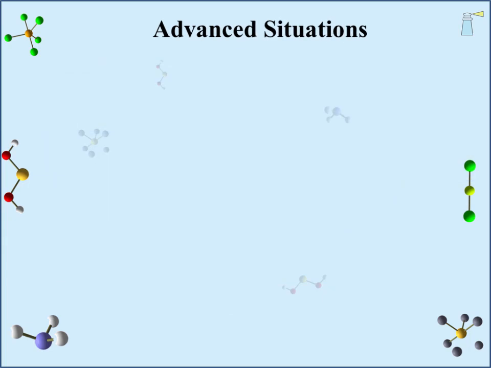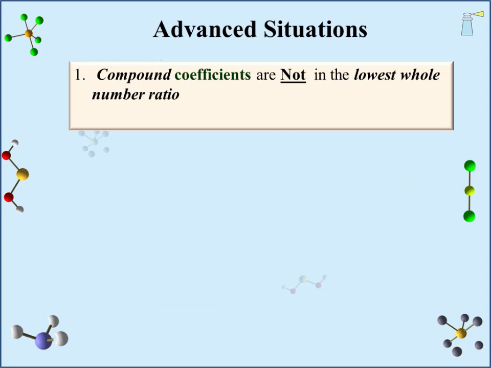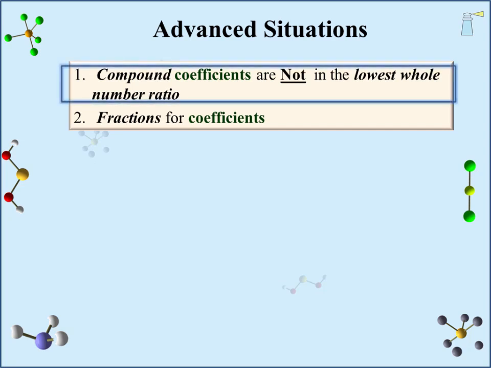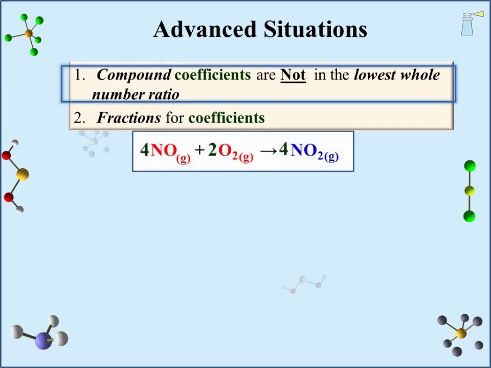For advanced situations, we will look at equations where compound coefficients are not in the lowest whole number ratio, and equations that have fractions for coefficients. As an example of the first scenario, this equation was balanced with this set of coefficients. 4 nitrogen monoxides react with 2 molecular oxygens to produce 4 nitrogen dioxides.